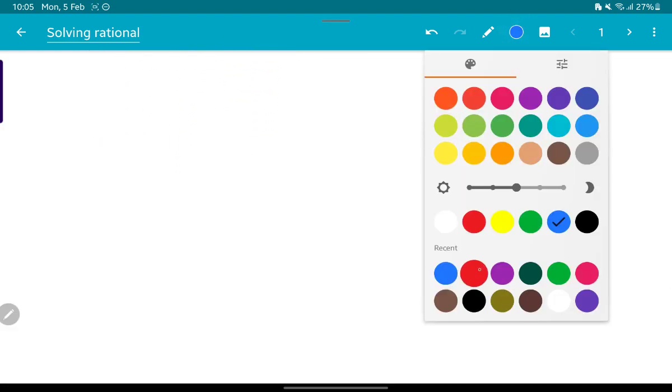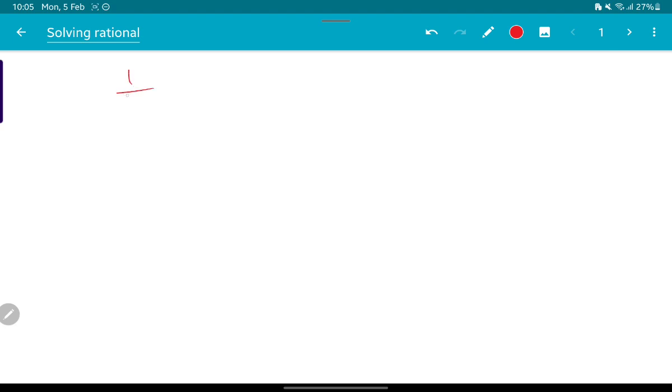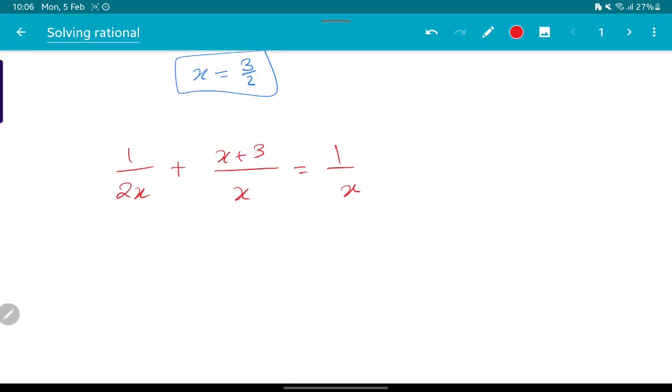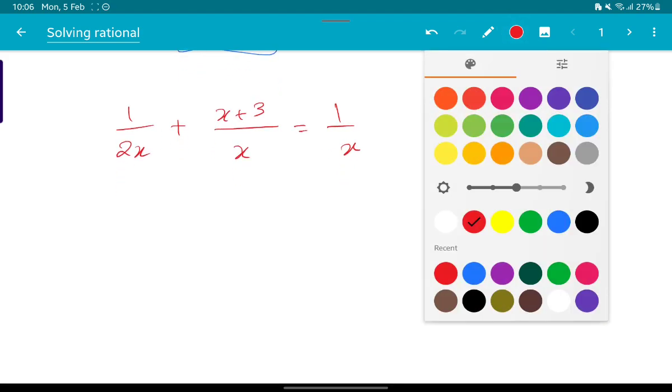Let's have some different examples. 1 over 2x plus 3 over x equals 1 over 2x. Let's make it x. Okay. Now we need to make them with same denominators.